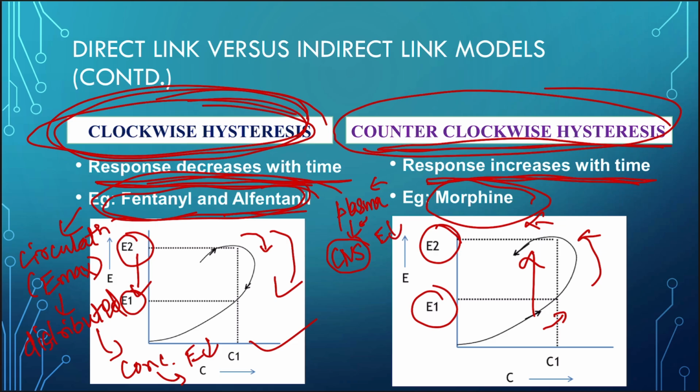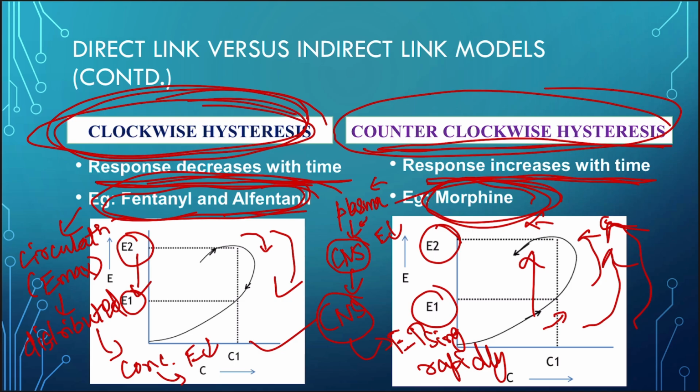But as soon as most of the drug has entered the CNS, the effect increases rapidly, because now the drug is inside the central nervous system, and that is the place where it is going to act to produce the analgesic effect. So this is the reason why we get anticlockwise, that is counterclockwise, hysteresis in the case of morphine, that is the response increases with time because of the drug entering in more concentration in the central nervous system.